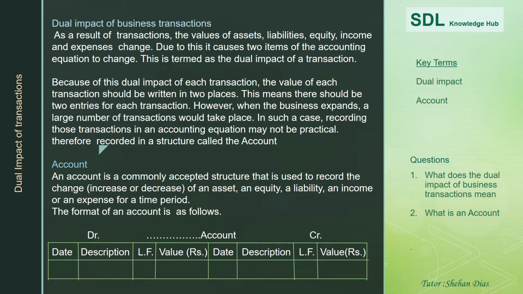So therefore, these are recorded in a structure called an account. An account is a commonly accepted structure that is used to record the change, that is increase or decrease, in the accounting elements, that is asset, equity, liability, income, expenses. So the format for the account will be date, description, ledger folio, value, and having both debit and credit side.